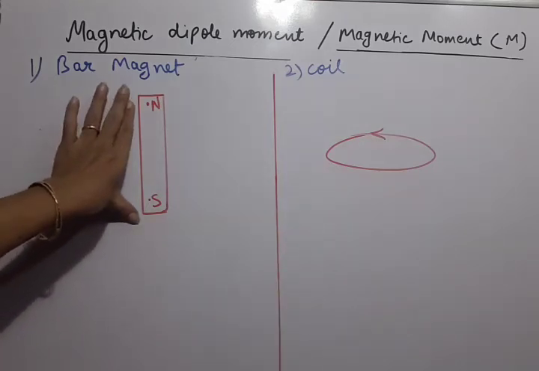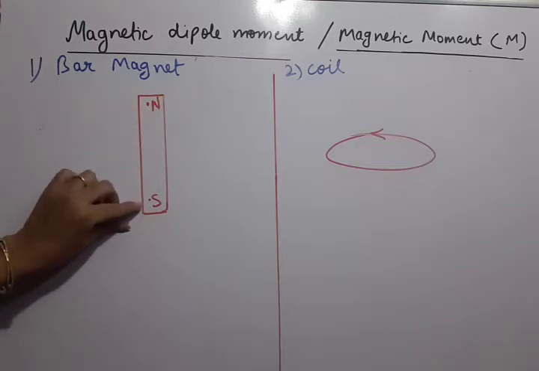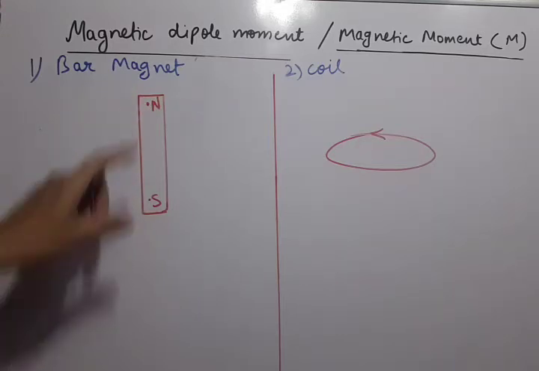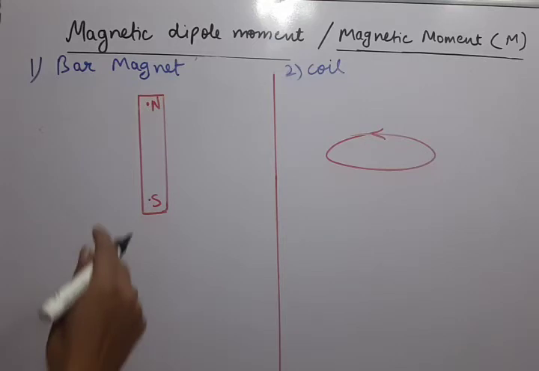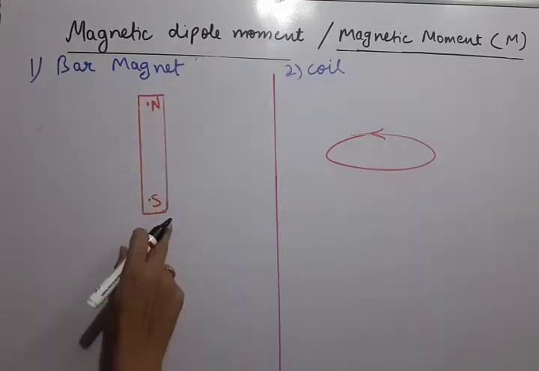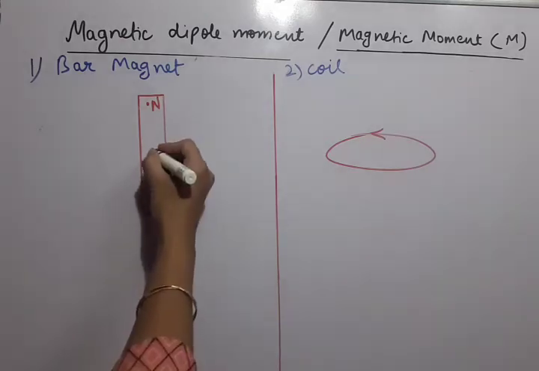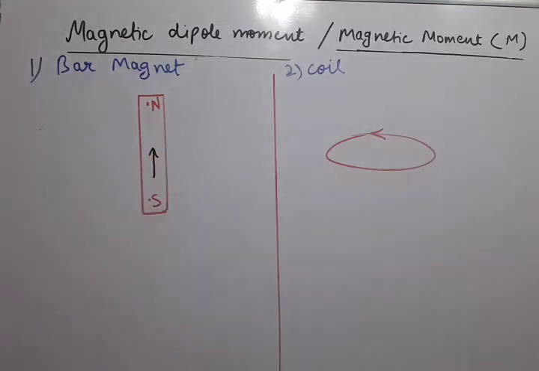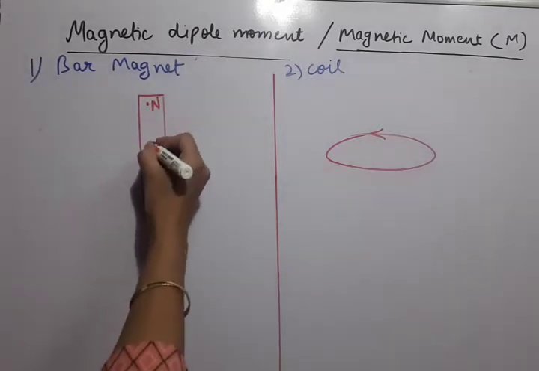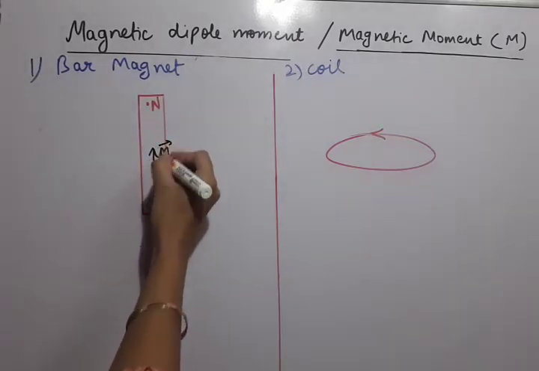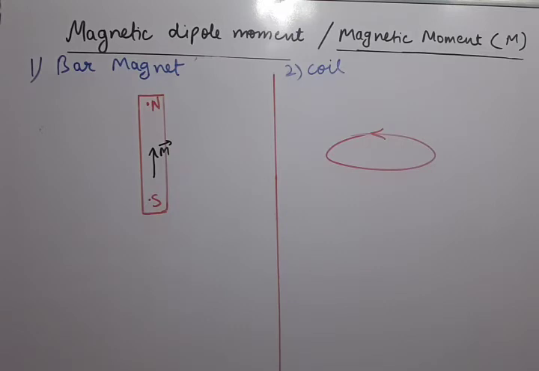First of all, suppose we have taken a magnet. S pole is here, N pole is here. Now we know that because it is a dipole, it will be having dipole moment, and the dipole moment's direction is from S to N. So M vector, that means magnetic dipole moment, is from S to N.